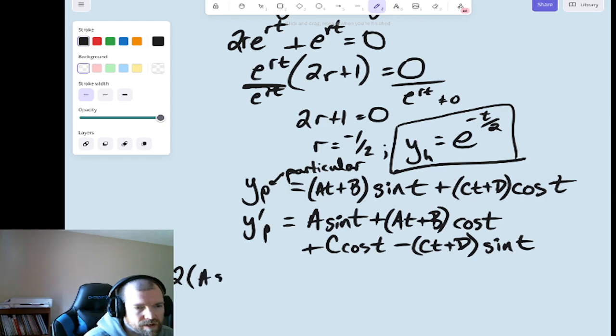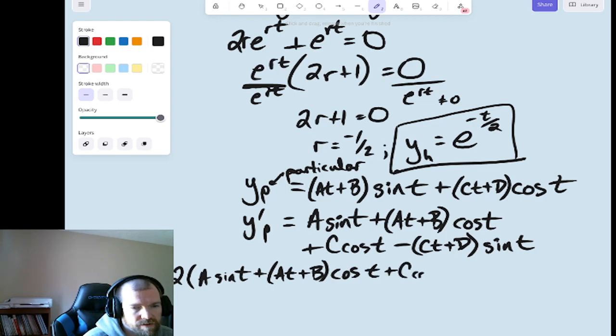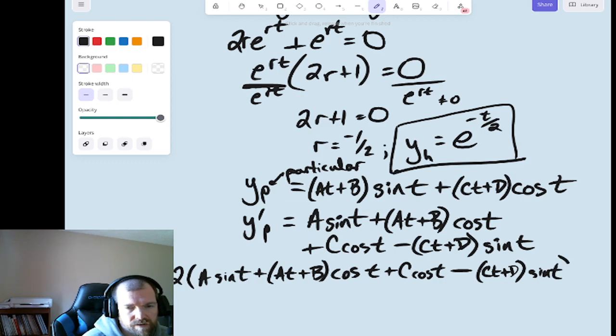So a sine of t plus parentheses at plus b cosine of t plus c cosine of t minus parentheses ct plus d sine of t.